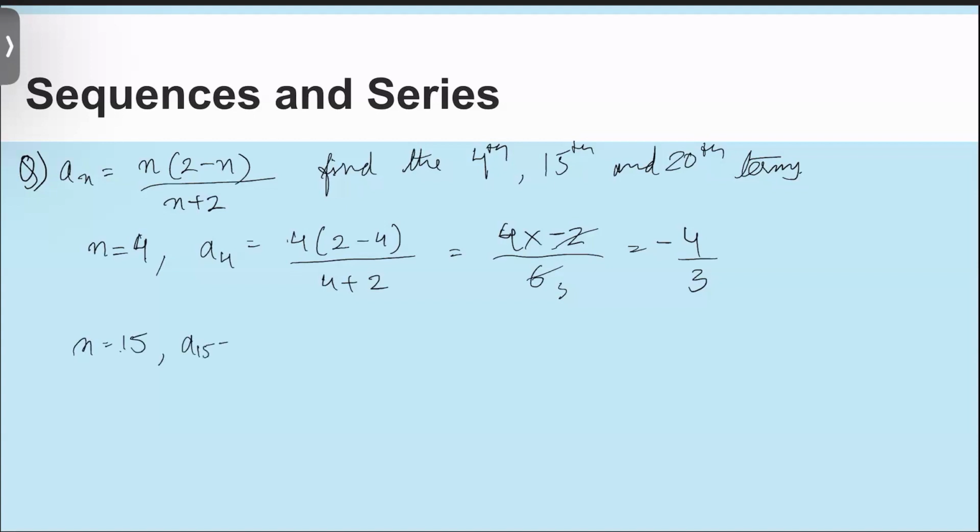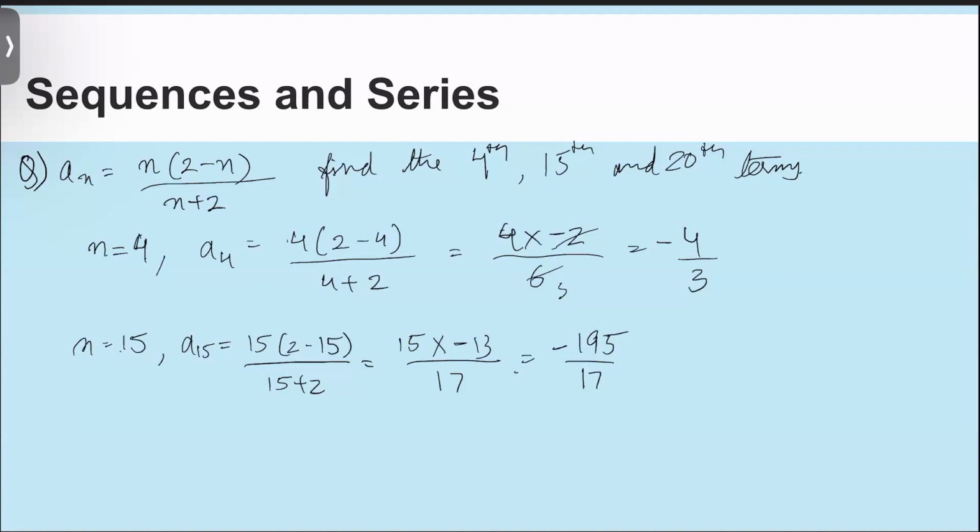So a15 is 15 into 2 minus 15 upon 15 plus 2. This is 15 multiplied by minus 13 and this is 17. Okay, so now we will find 15 multiplied by 13. So that is minus 195 by 17.